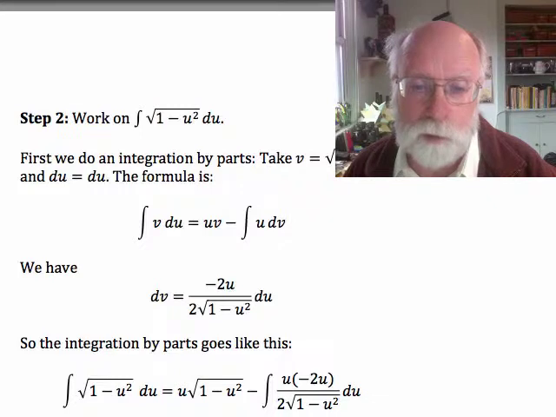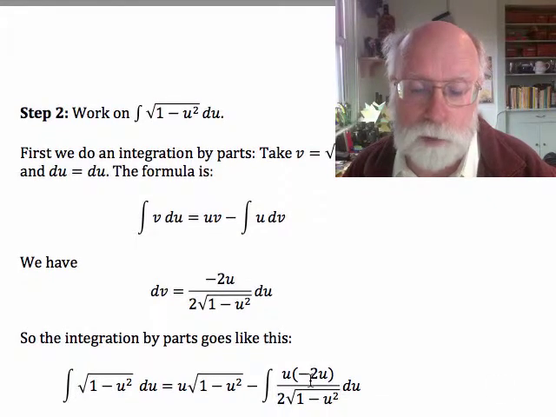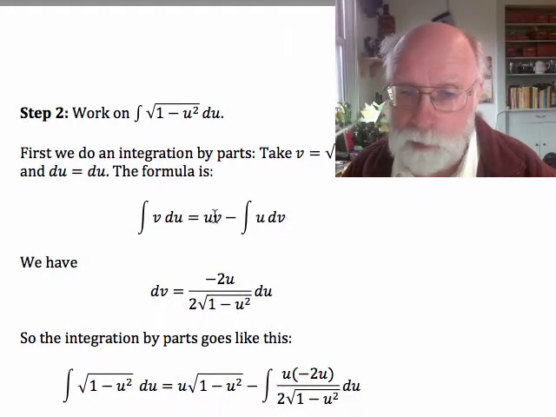If we now put all of that into the integration by parts formula, the integral we want, which is the integral of the square root of 1 minus u squared du, is u times the square root of 1 minus u squared, so that's the uv, minus the integral of u dv, which is u times minus 2u over 2 times the square root of 1 minus u squared du.